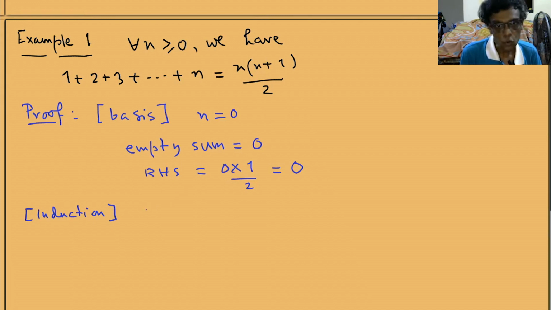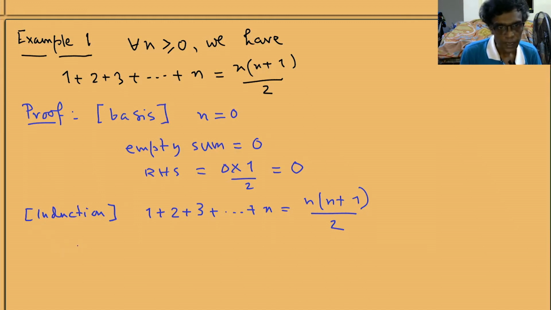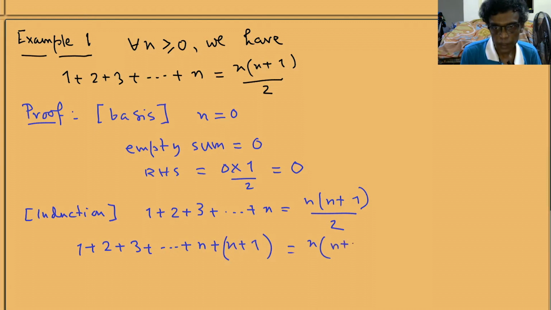Now what is the inductive step? Suppose that this is true for some n greater than or equal to 0. Then I have to show that this is true also for n plus 1. This will be n times n plus 1 by 2 plus n plus 1.